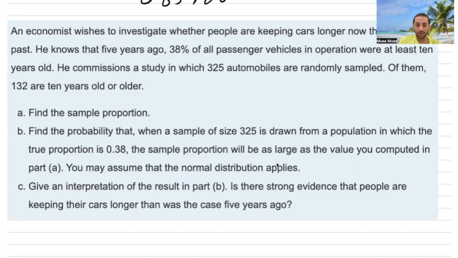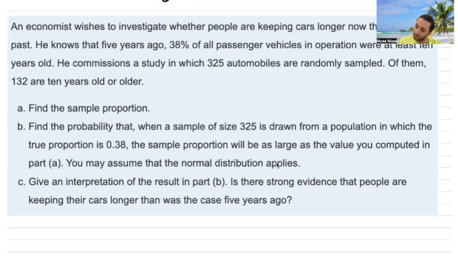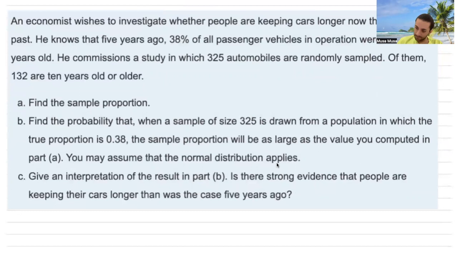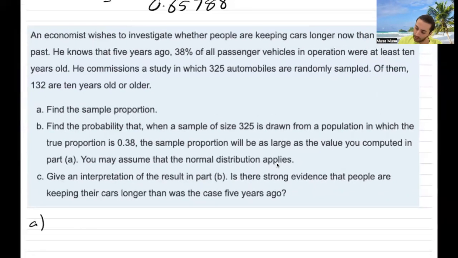Okay, so find the sample proportion. So let's see. He commissions a study in which 325 automobiles are randomly sampled.